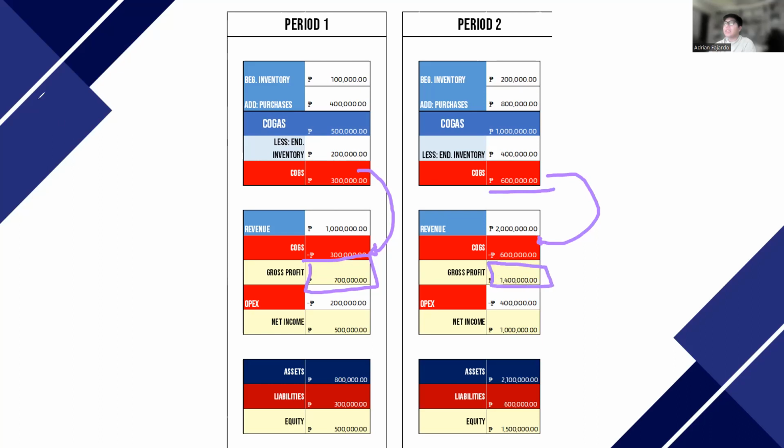So there are a lot of interactions between the three: your cost flow, your income, and your assets, liabilities, and equity. Now, what if you made an error? You understated or overstated in any of these scenarios. That is where inventory errors come in.